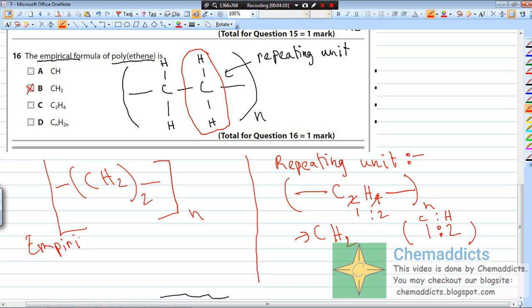Therefore the empirical formula would be CH2. If we simplify this, we will get this.